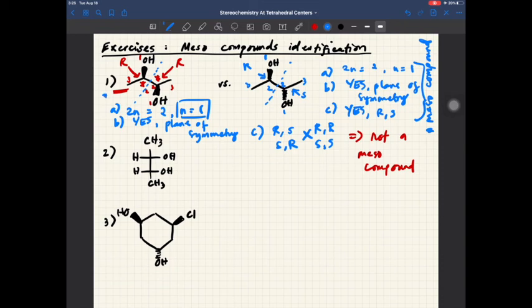Okay, how about compound example number 2? The chiral centers for this molecule are this one. By the way, it might be intriguing for you, but this type of representation or structure is very common in biochemistry. What this structure really means is that the structure is like this.